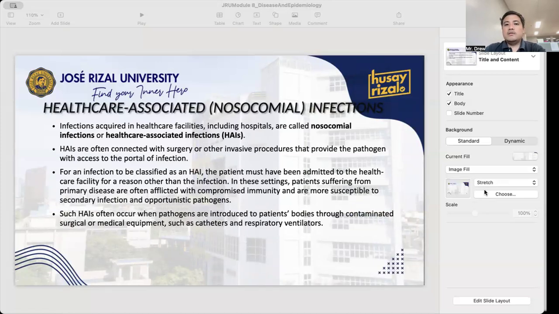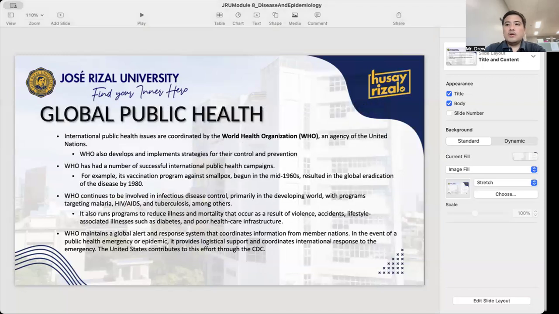HAIs occur in hospitals due to surgical procedures or medical equipment like catheters or ventilators. Global public health, WHO oversees disease prevention worldwide. Successful campaigns include smallpox eradication, and then WHO and CDC respond to public health emergencies.